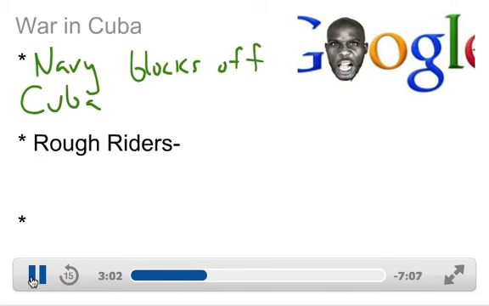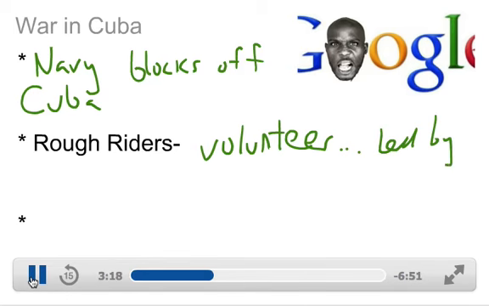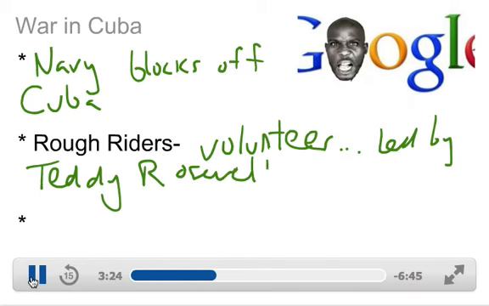And that's where the Rough Riders come into place. The Rough Riders were a group of 17,000 men, and they were volunteers, but they were led by a guy that I'm sure you all remember, and they were led by Teddy Roosevelt. And the reason for that picture up there is because that picture is a picture of DMX, and DMX's rap group is the Rough Riders.